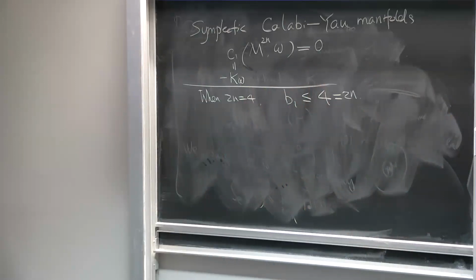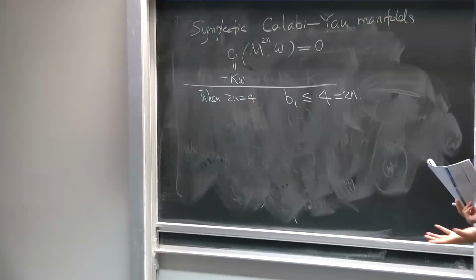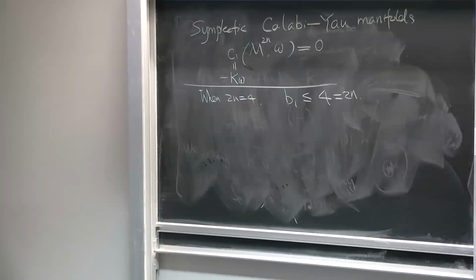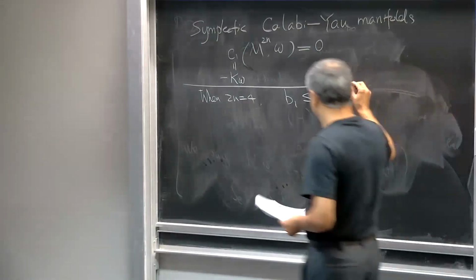So by the Weitzenböck formula, any harmonic one forms are parallel. So you can just at most have two dimensional parallel vector fields, right? So for Kähler manifolds, the Kähler Calabi-Yau manifolds, we have this bound.